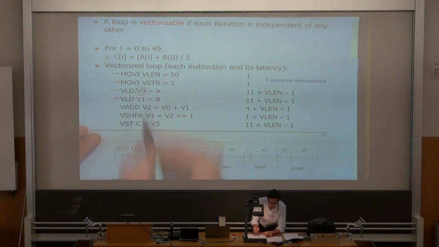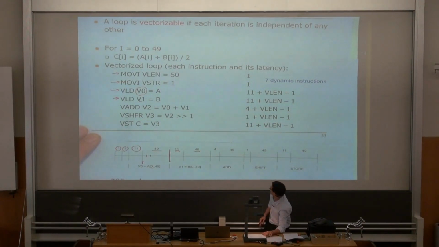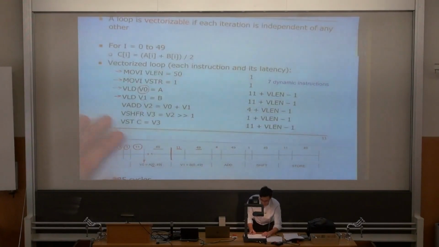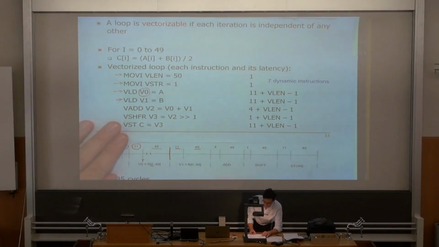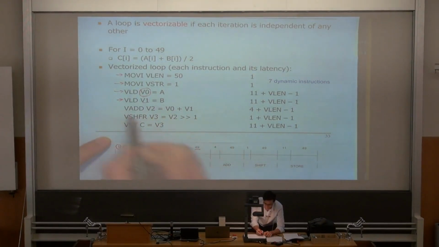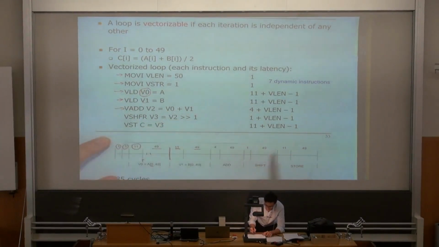And because there is no chaining, remember, that's one of the things we are assuming here, we cannot start the execution of this vector add until all the elements from the first vector load and all the elements from the second vector load are in the corresponding vector registers.